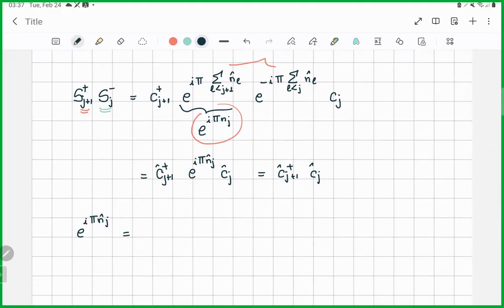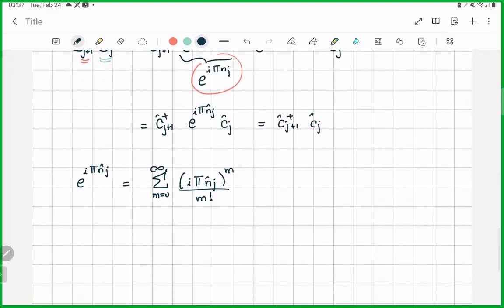I'm going to use a Taylor expansion. And so we have i pi, the number operator, to the power of m, over m factorial, where this m goes from 0 to infinity. Well, there are many numbers here, but what we really care about is the number operator. So let's look at what happens to all these powers of the number operator.